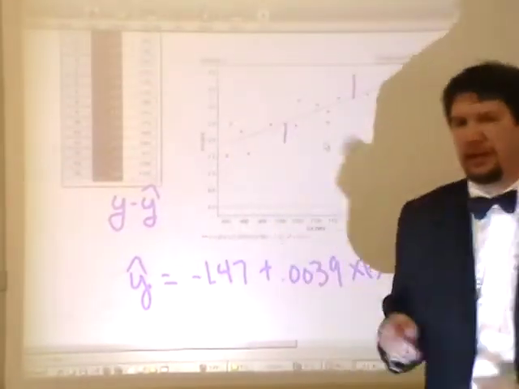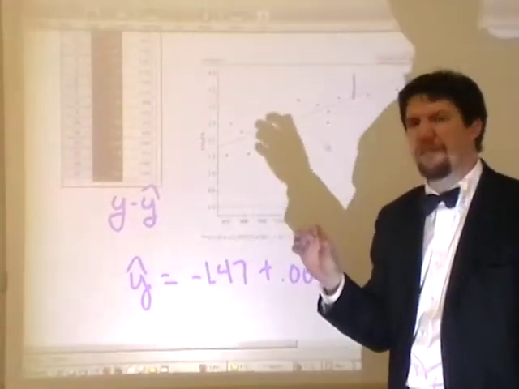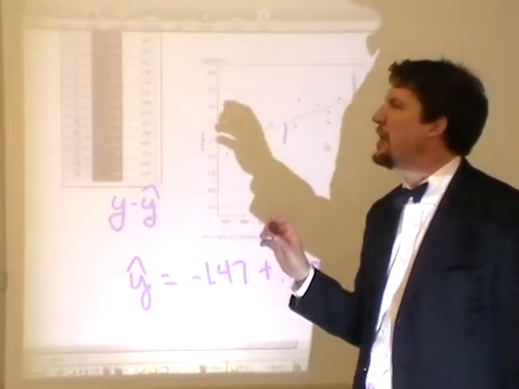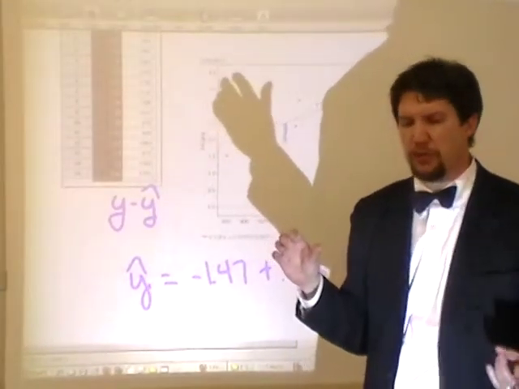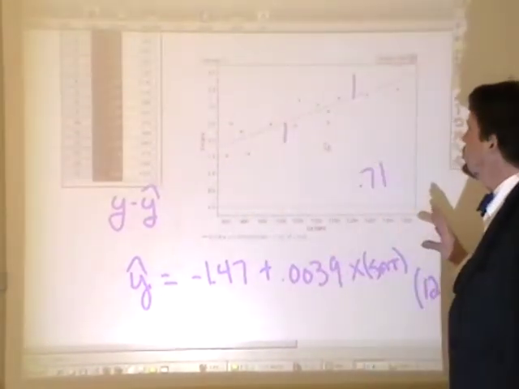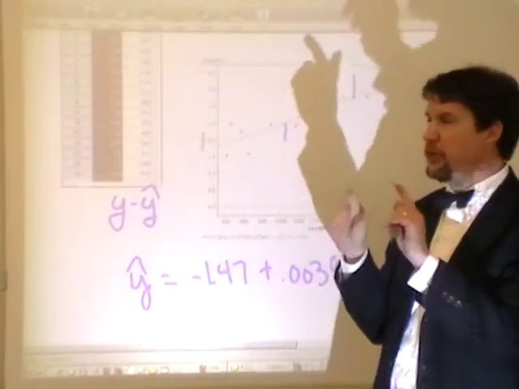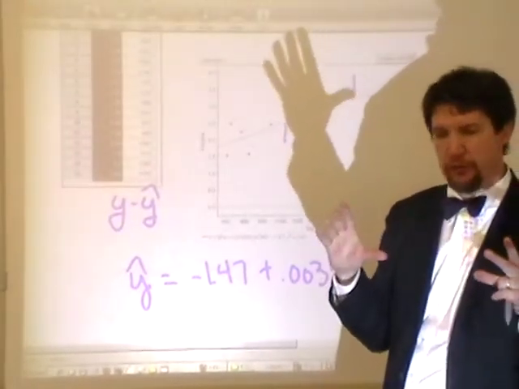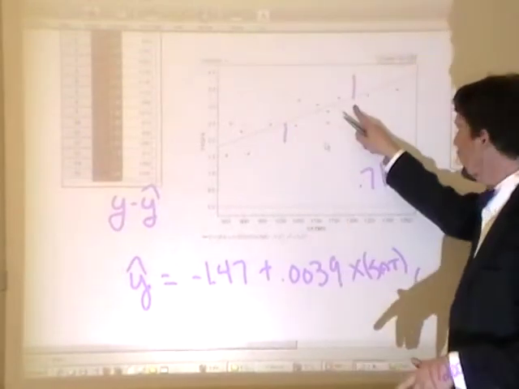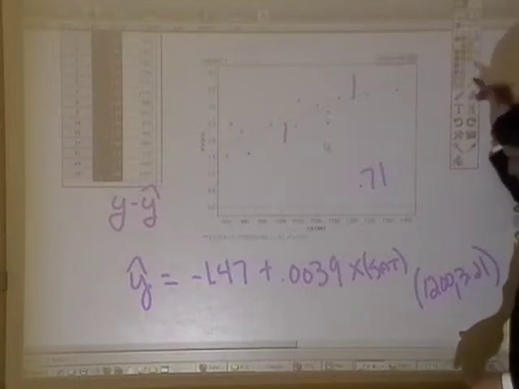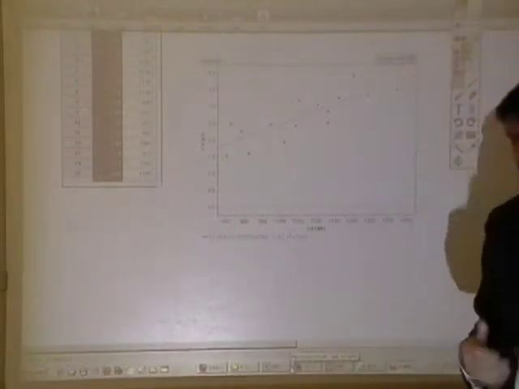Just like when we're talking about standard deviation. If I took all the distances from the mean and I combined them, I would get 0. So to eliminate that issue, what we did when we were working with standard deviation, we took each value minus the mean and we squared them. And that's what we're going to do here. We're going to take each of those residuals and square them. And that's why this is called the least squares line, because it is the square of the residuals.